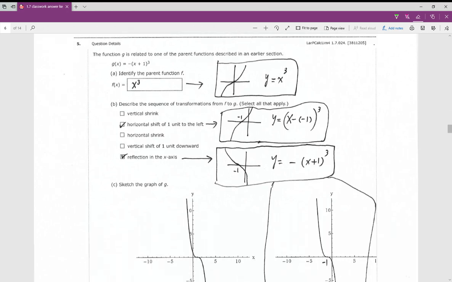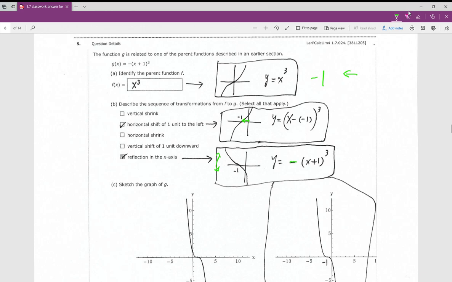Number 5. First, inside the parent function, you have -1, so it means you shift to the left-hand side 1 step. And after you shift to the left 1 step, you flip upside down, because of this negative sign.